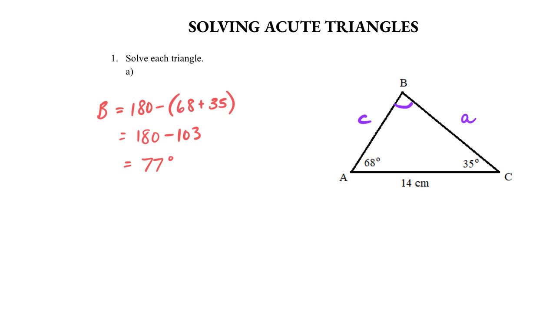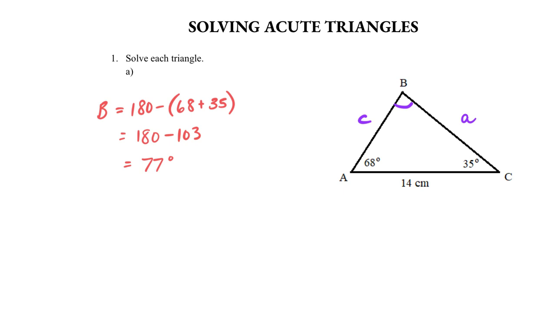My choices then become, do I want to use sine law or cosine law? And I have to be honest with you, I think there is a better way, and I want to put that idea in your head. I think sine law is easier to work with than cosine law. And so if I have a choice between those two, I am always going to pick sine law.